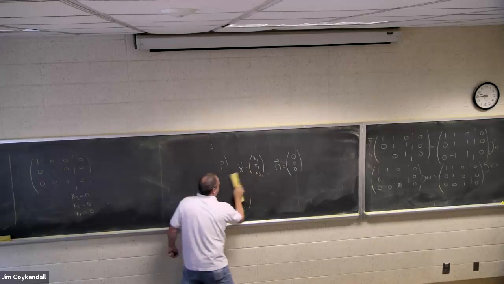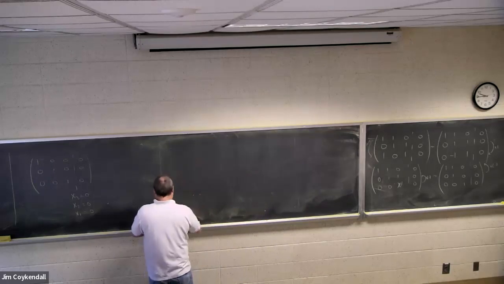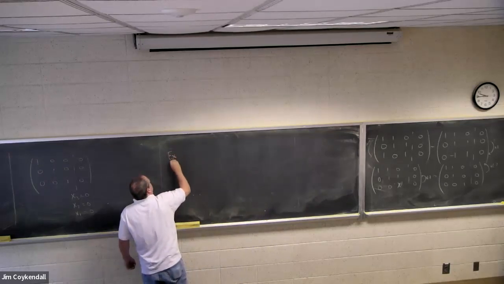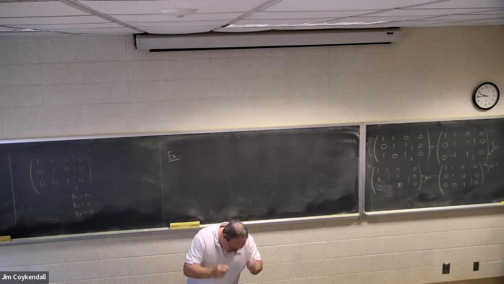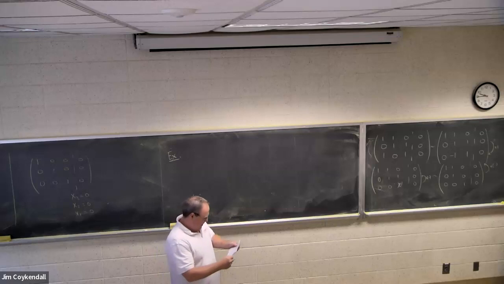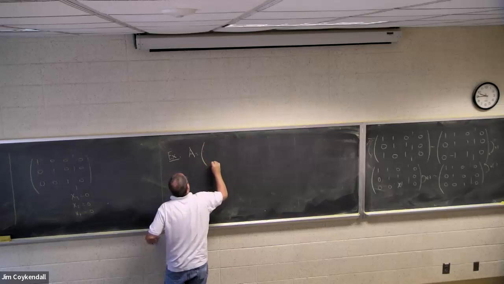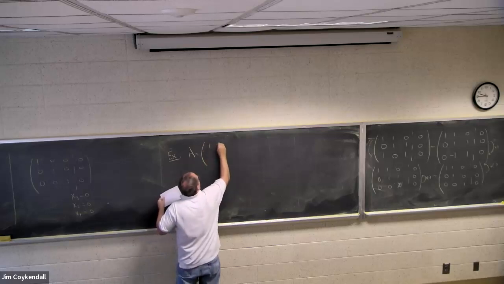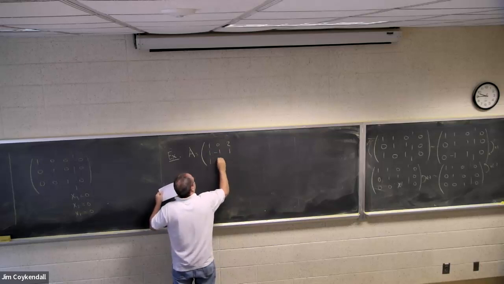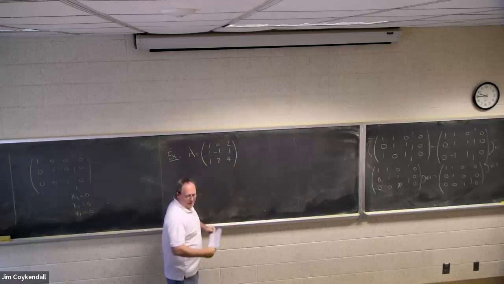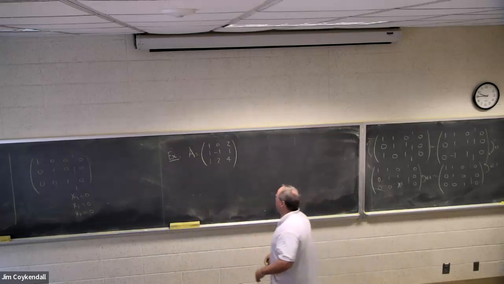Let's do another one. Let's try this one. Again, I'm going to do a 3 by 3: 1, 0, 2, 1, 5, 1, and 1, 2, 4. Again, I'm tracking the homogeneous equation.